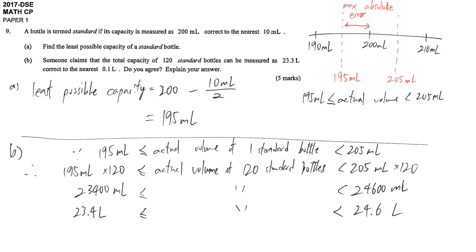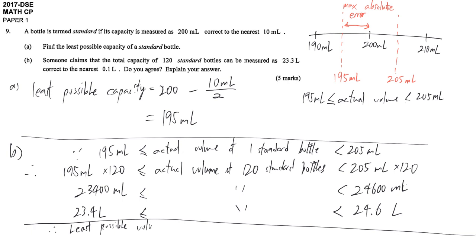After that, we consider the minimum case, which is obviously not equal to this, but we still need to write very clearly. Therefore, the least possible volume is equal to 23.4 liters. This is correct to 0.1 liter already.